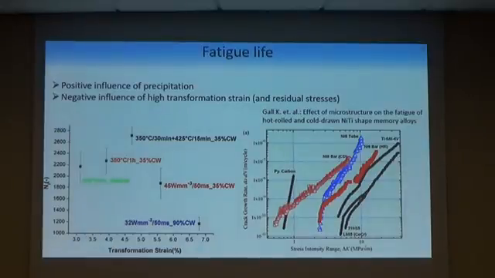At first we expected that the dependence of fatigue life on transformation strain should be decreasing. However, such a short transformation strain was achieved by low temperature annealing below 400 degrees C, and probably internal stresses introduced by cold working didn't relax completely during annealing, which probably accelerated fatigue growth, which was also reported in the literature.